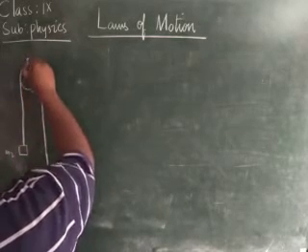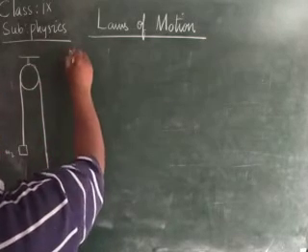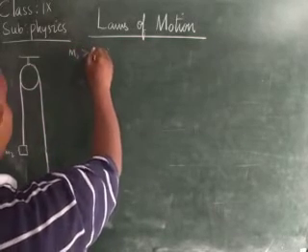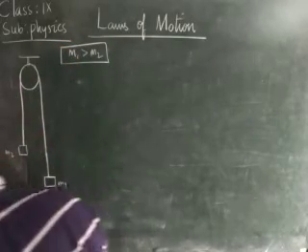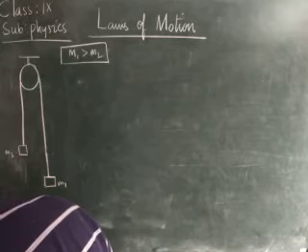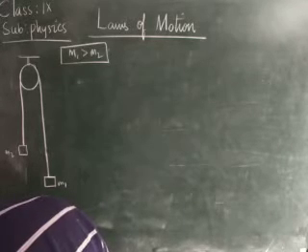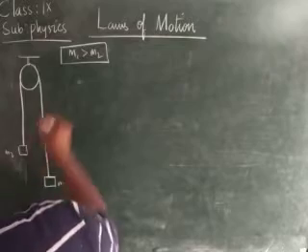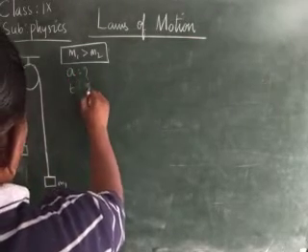Here it is the pulley. The condition is given as m1 is greater than m2. It consists of the 2 loads. It is an inextensible string that runs over a pulley, and he is asking to find the acceleration and the tension of the wire.